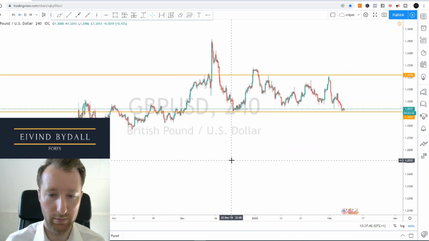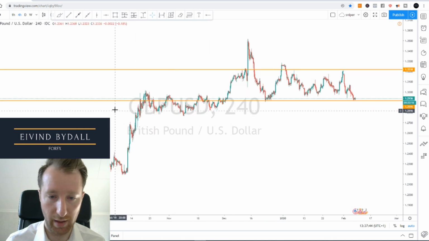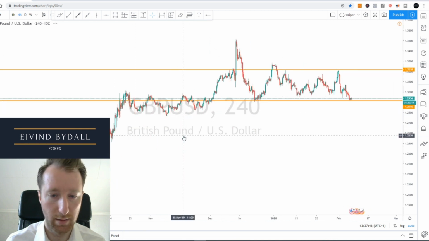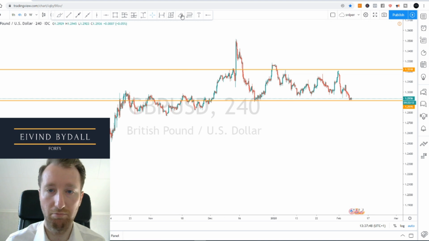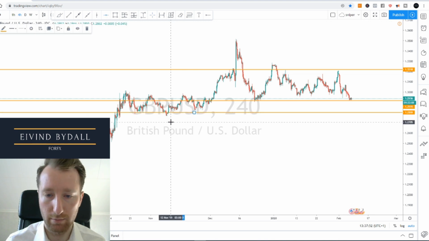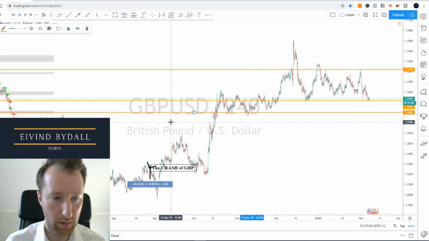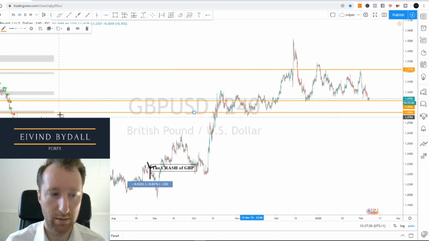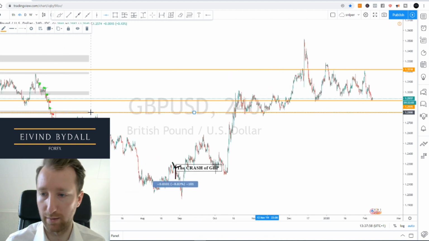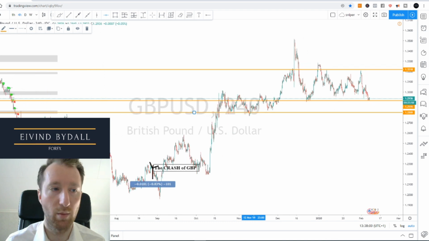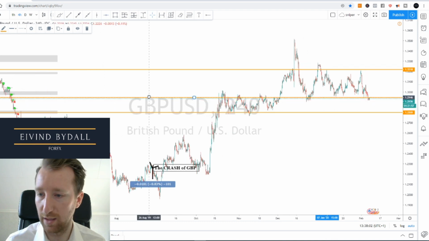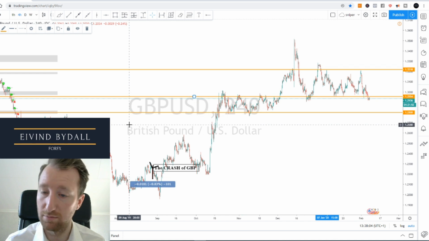In between here, this doesn't look to be a good one in the past, so is this a better area then? Here? Yeah, this might have been a better area. And as you can see, you might want to change it up to here and say that's a better space.